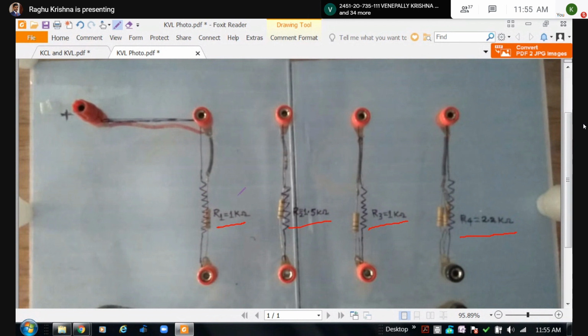In order to reduce the size of the kit, the resistors are taken in vertical position. Now, how to do the connections?